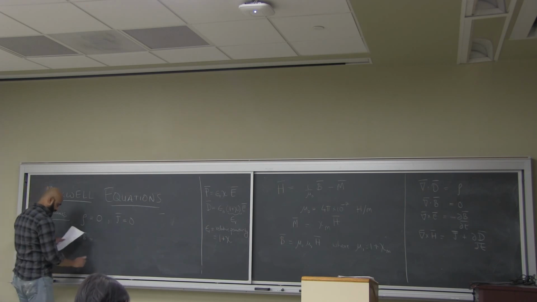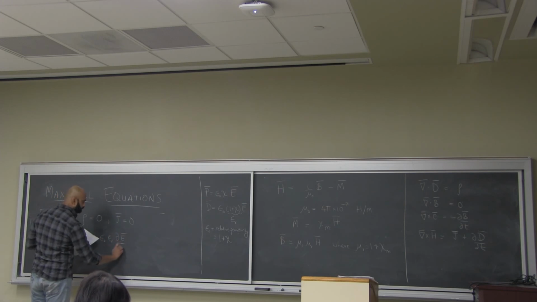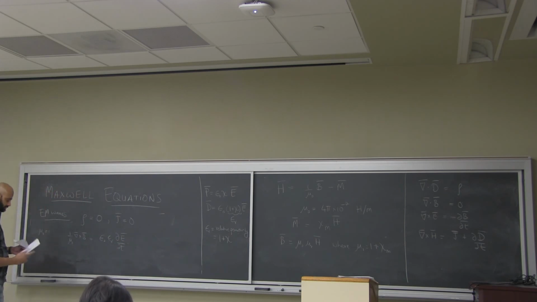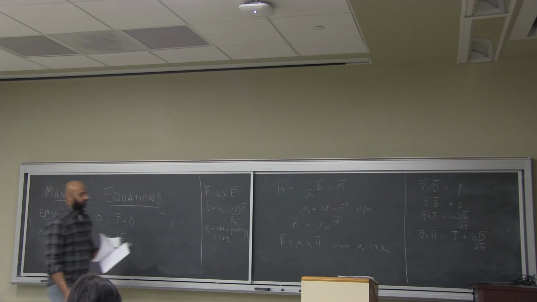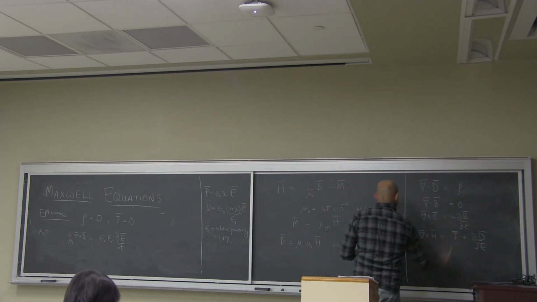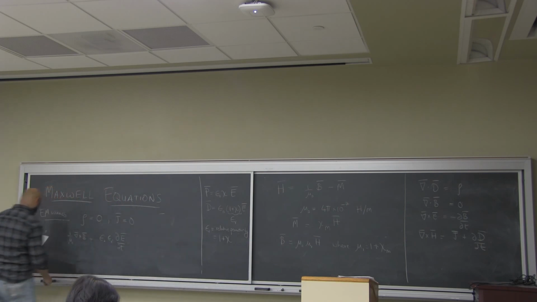So 1 over mu naught del cross B equals epsilon naught epsilon R dou E over dou t. And then you can take the curl of equation 3. So del cross E equals minus dou over dou t del cross B, and substitute this over here.